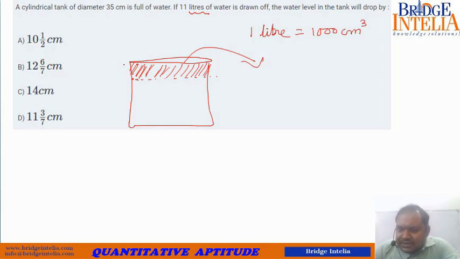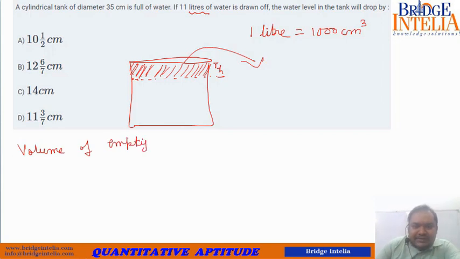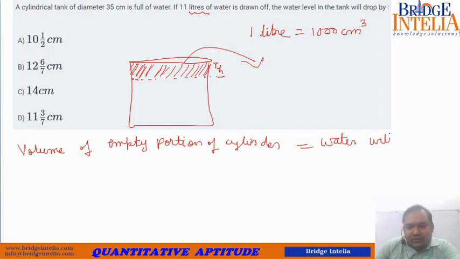So let's assume that the water level drops to H. Then I can say that the volume of empty portion of cylinder must be equal to the volume of water withdrawn. So let's solve this.